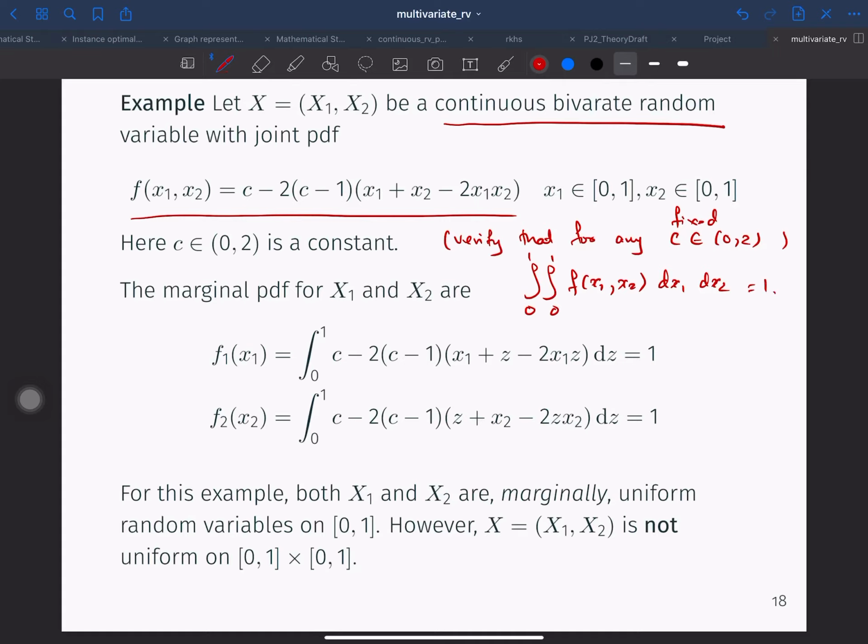So you may want to verify that at your leisure. But in any case, the marginal PDF for x1 and x2 follows by straightforward integration.